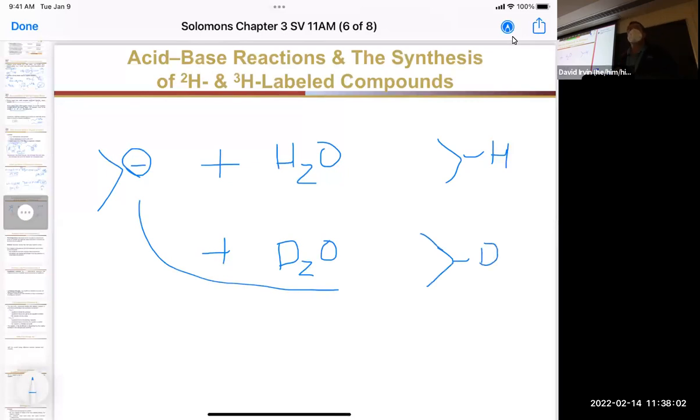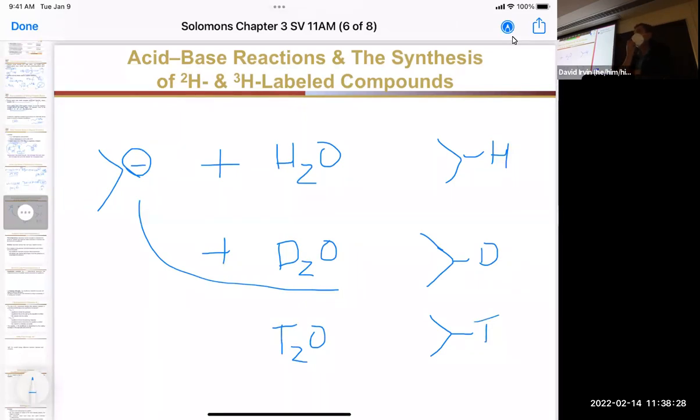Okay. So by analyzing the difference between hydrogen and deuterium, we know exactly which carbon that hydrogen came off of by doing this label experiment. If we didn't know where the anion was, we could prove it here. And by using an even heavier isotope, tritium, we can also figure out exactly where that hydrogen goes.